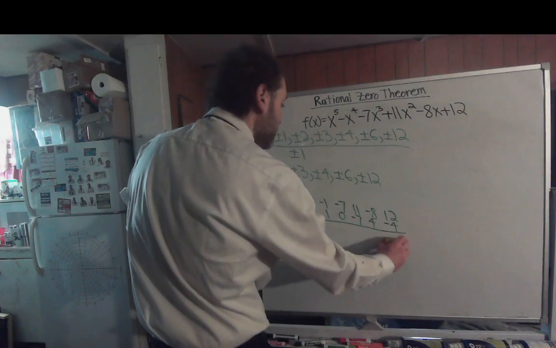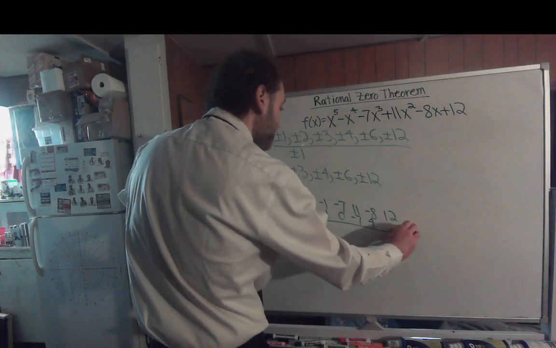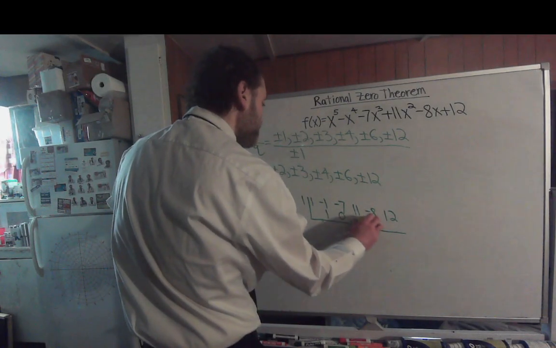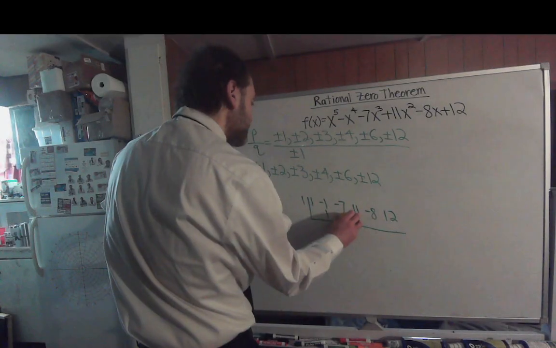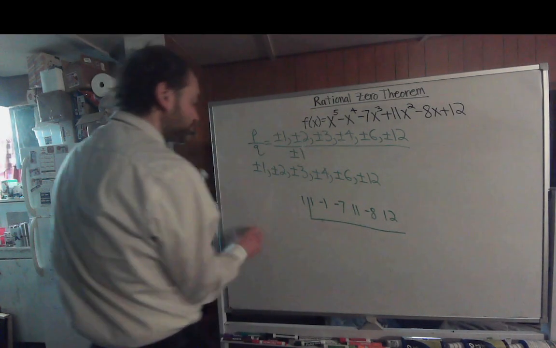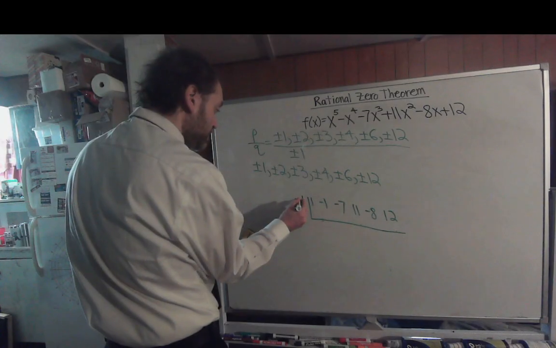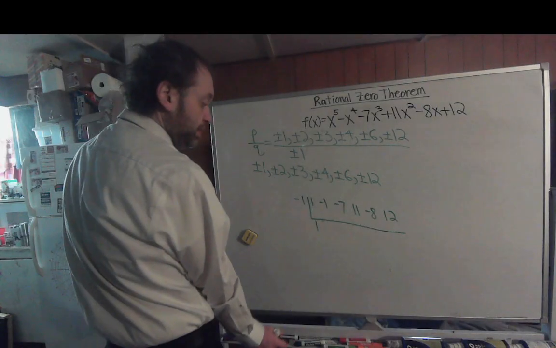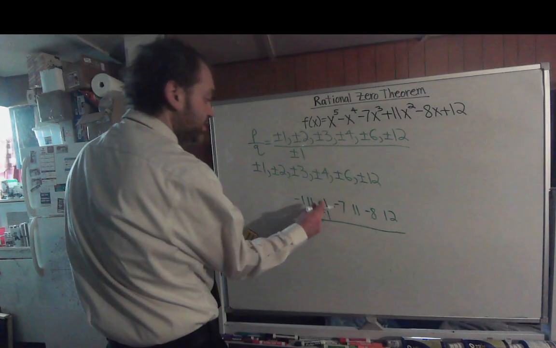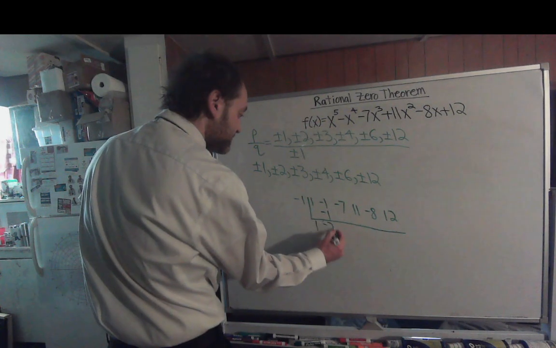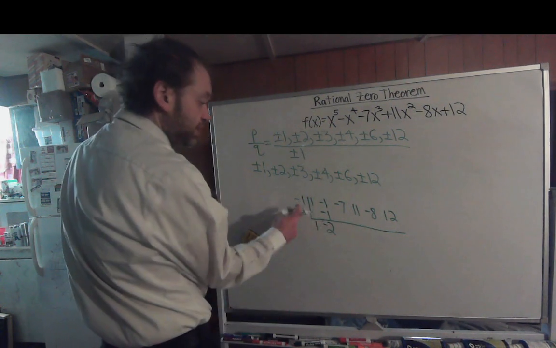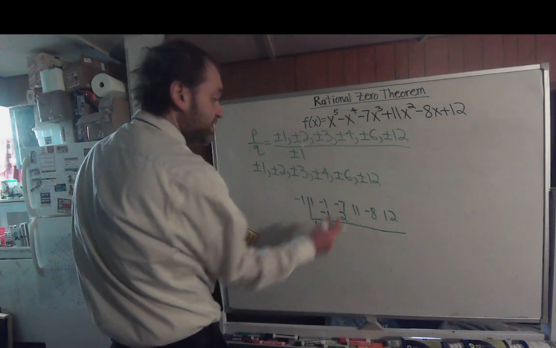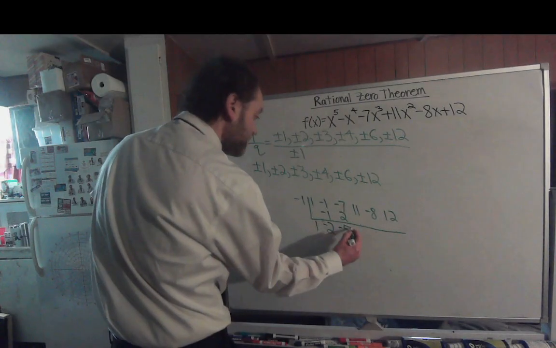So why don't we try negative 1? Alright, so bring down your 1. What is negative 1 times 1? That's negative 1. Negative 1 plus negative 1 is negative 2. Negative 1 times negative 2 is positive 2. Negative 7 plus 2 is negative 5.